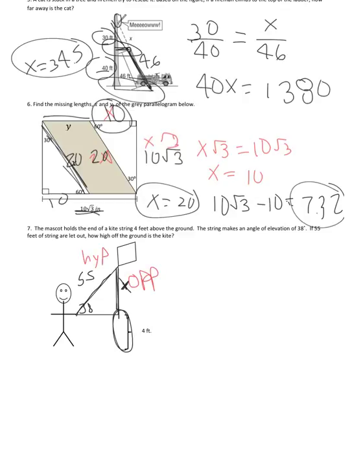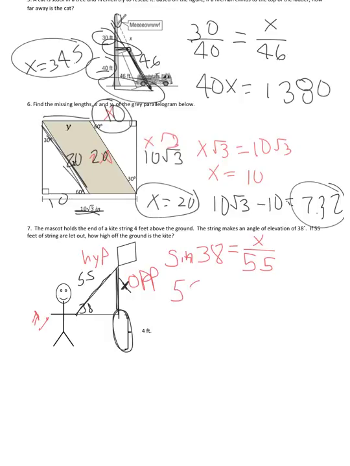That's hypotenuse. And opposite hypotenuse is sine. So we have sine of 38 equals opposite over hypotenuse. And this pen is not writing as well as it used to. Sine, there we go, x over 55.